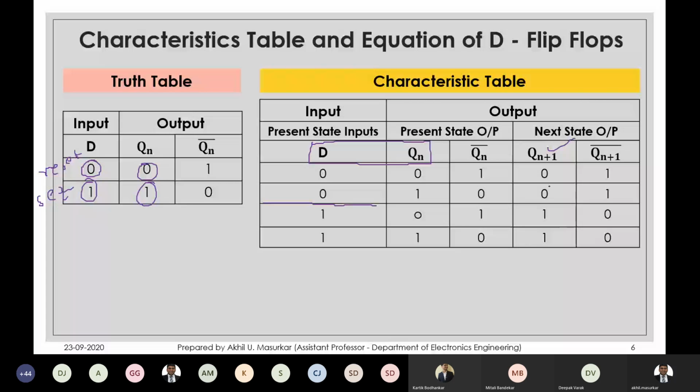So please note, if these are cells 0, 1, 2 and 3, then 2 and 3 are going to be 1. Now these are my inputs, and this is going to be the output. Okay, so if the characteristic table is copied, please write CP done.